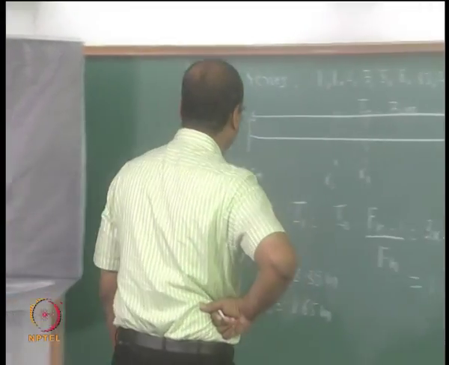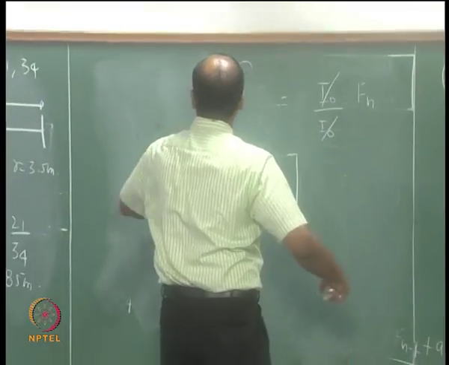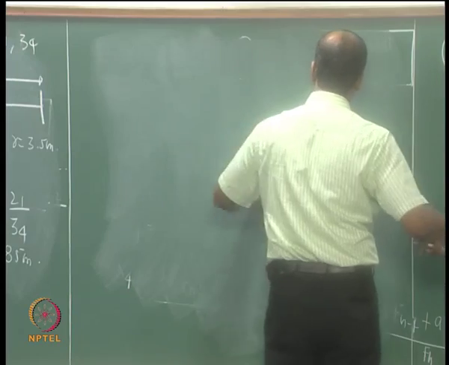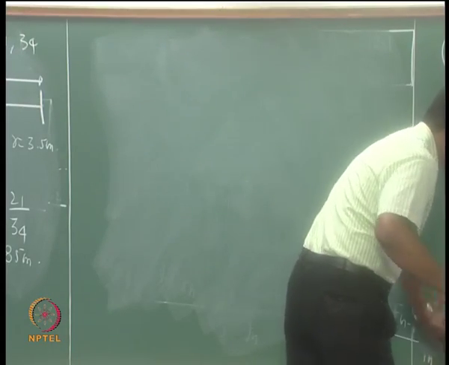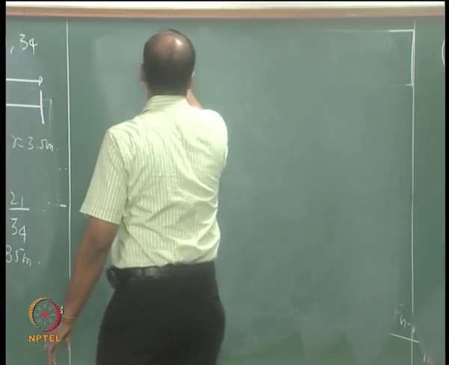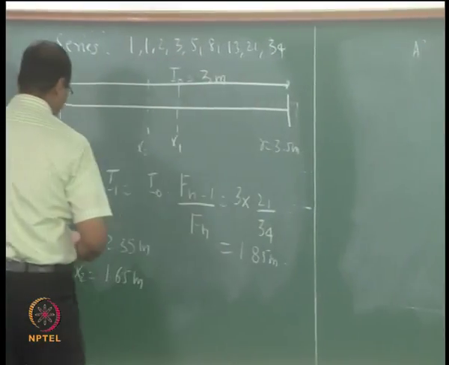So now get A of x1. We should not say x1, right?